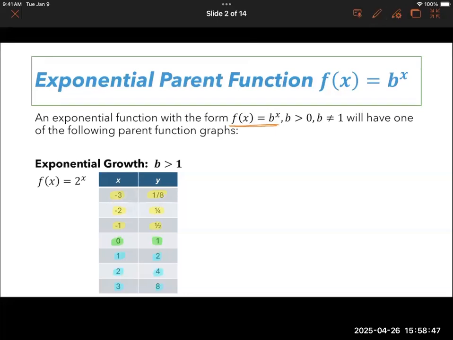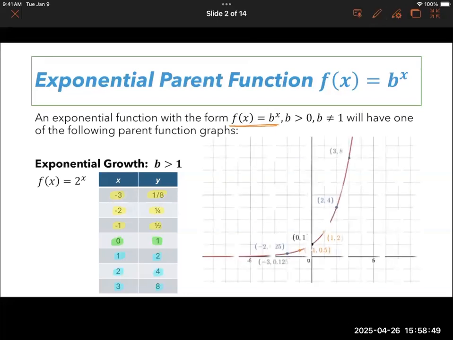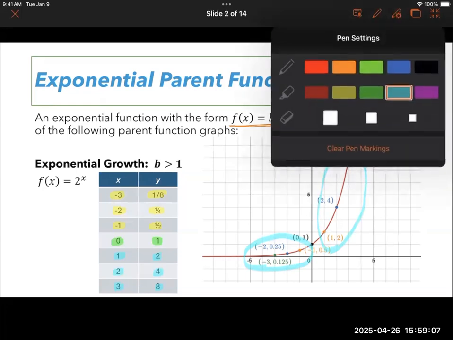Okay, so when we plot these points, we get a curve that looks something like this. Our negative values for x down here are getting smaller and smaller results, whereas our positive values of x up here are giving us bigger and bigger results.